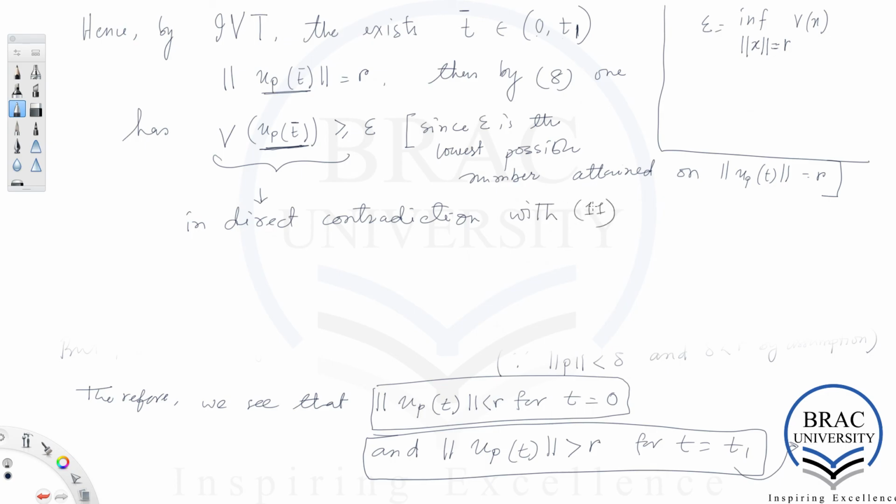What was 11? 11 was this: V of UP of t is strictly less than epsilon for all t in this intersection of JP with the positive real line.